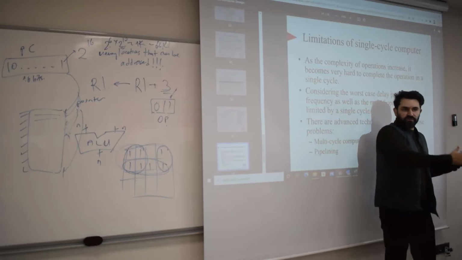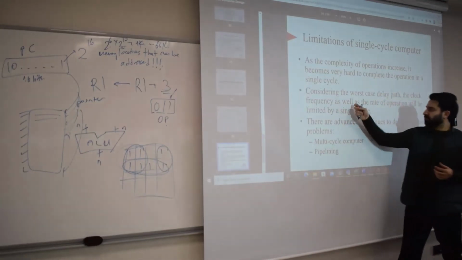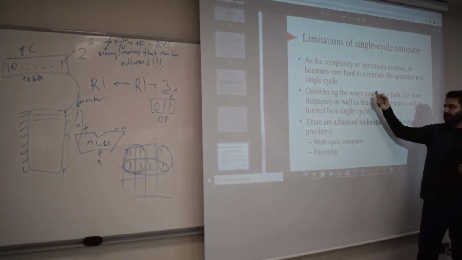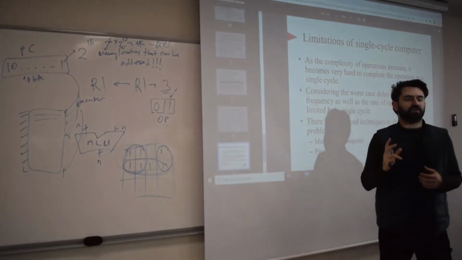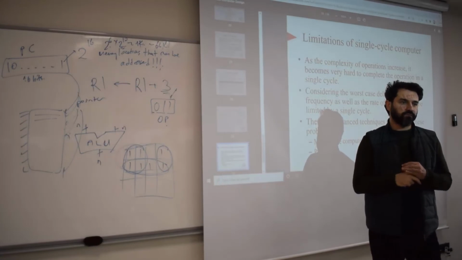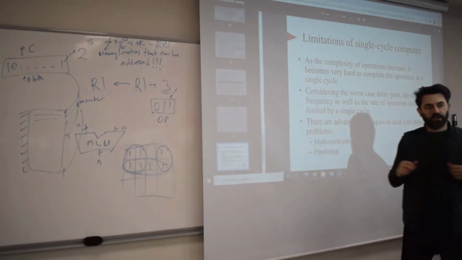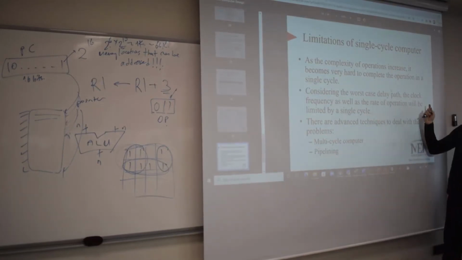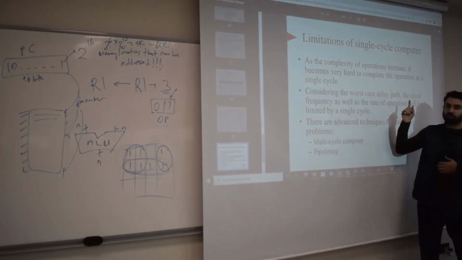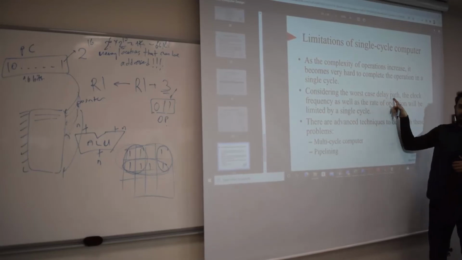It will vary from one instruction to another. So when I say worst case delay path, that is the delay path of the most complex instruction in your instruction set architecture, for example maybe the add operation. That's the worst case delay path. The clock frequency as well as the rate of the operation will be limited by a single cycle because you determine your period based on the worst case delay path.